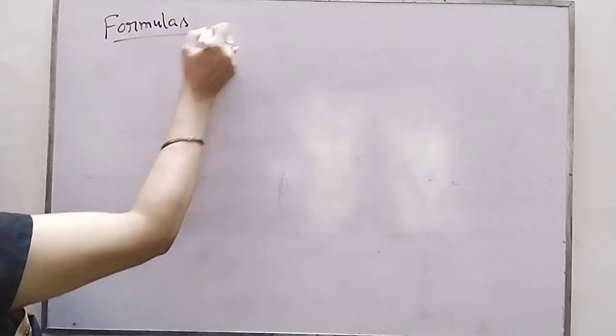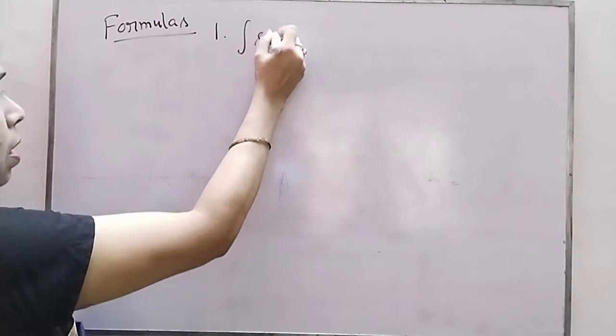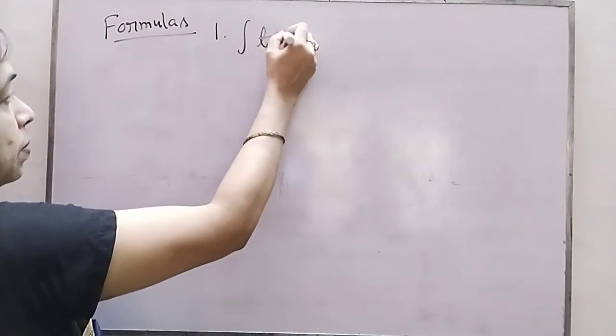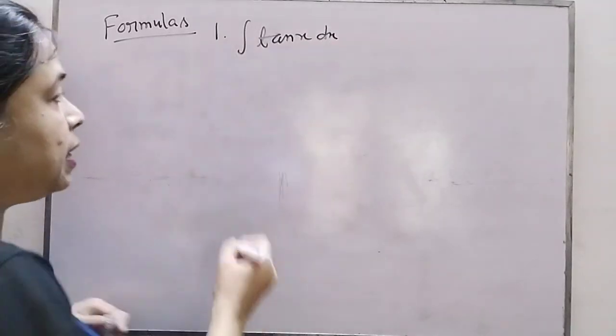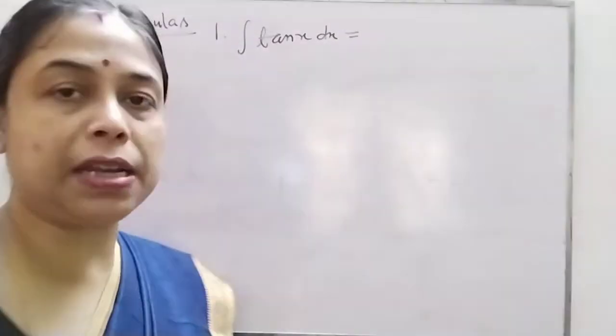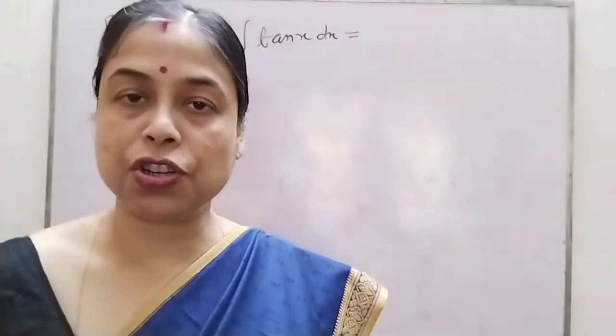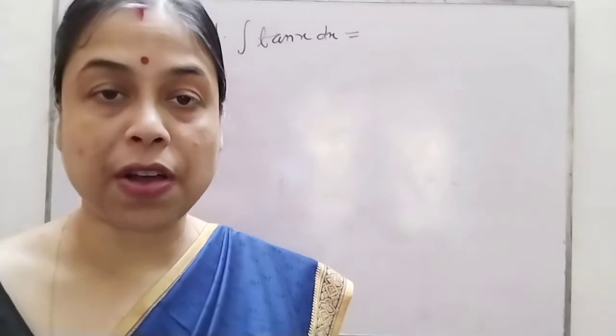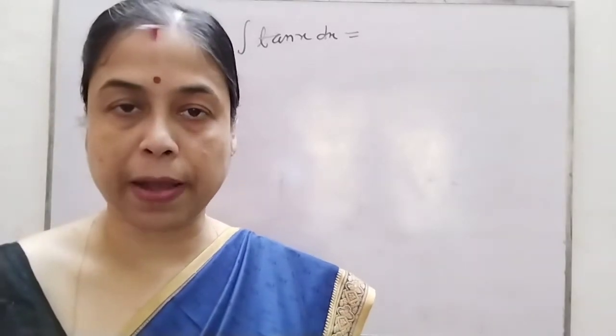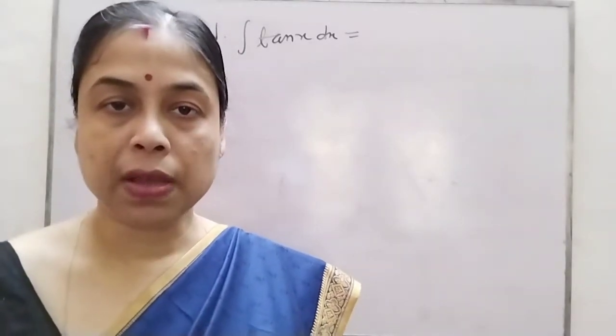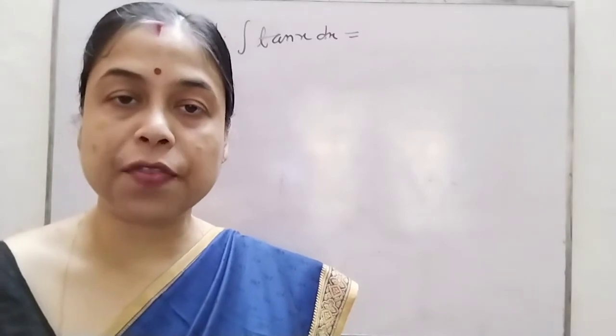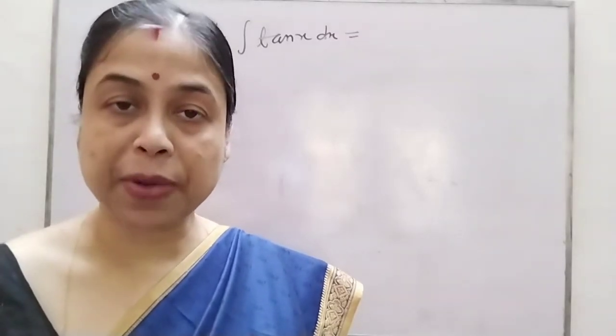So formula number 1, integration of tan x dx. You see, in the standard form, you have got integration of sin x and integration of cos x. But the rest of the trigonometric functions we have not got in the standard formulas. But now we will derive some formulas for the remaining trigonometric expressions when they are present alone.